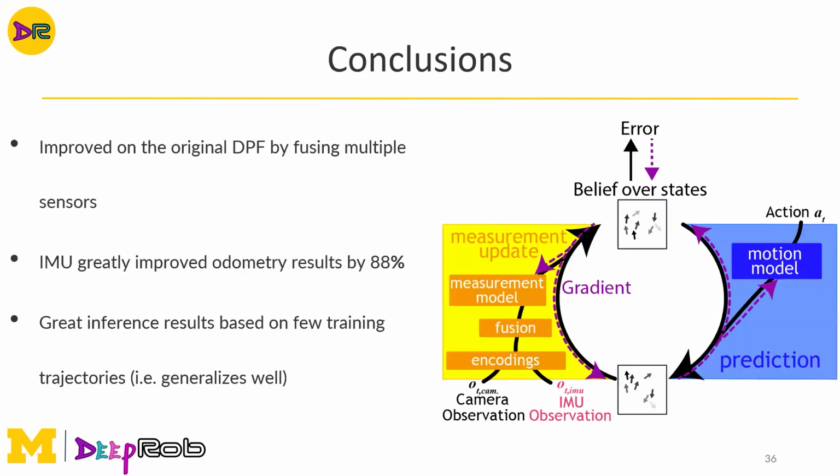Then, just to conclude what we've seen so far, we improved on the original differentiable particle filter by fusing multiple sensors. We were able to greatly improve odometry results, as we've seen earlier, by 88% between no fusion and with fusion. And lastly, as you see in our images, we were able to get great inference results based on few training trajectories, i.e. that means we have very great generalization between different trajectories.